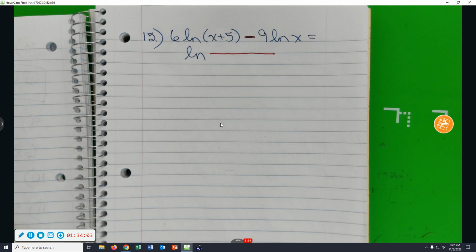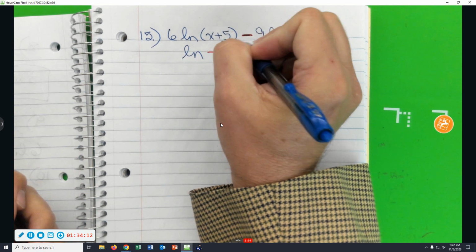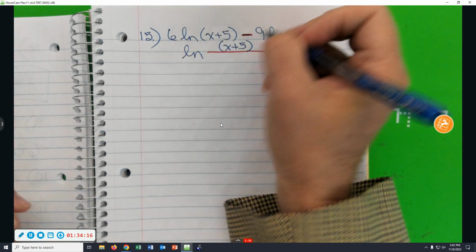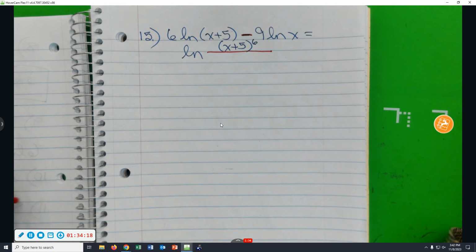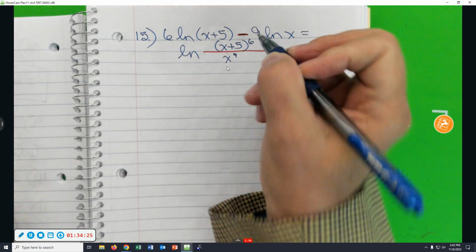Now, what goes on top? X plus 5. Anything else up there? The exponent 6. Good. On bottom, x to the 9th. I agree.